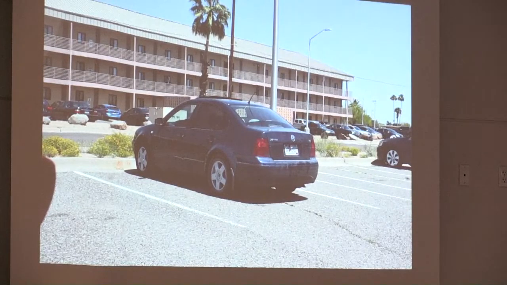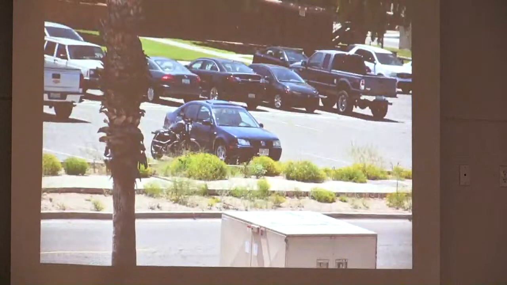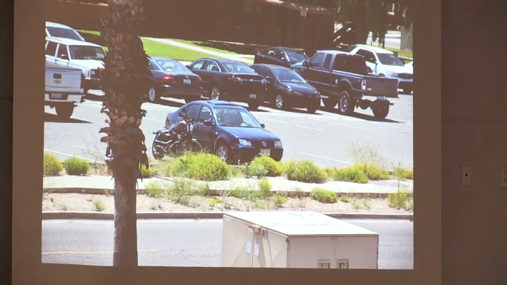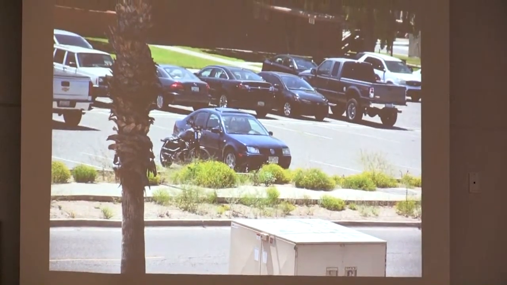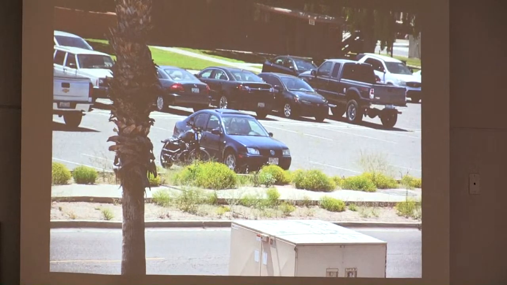Is there anything distinct that you looked at when you were trying to identify this car? Yes, sir. If you can go back to that last picture. 143? Yes, sir. So this is the angle of which the surveillance camera captured coming past the storage shed units. When I looked at the picture from 146, there's two different types of window tint.